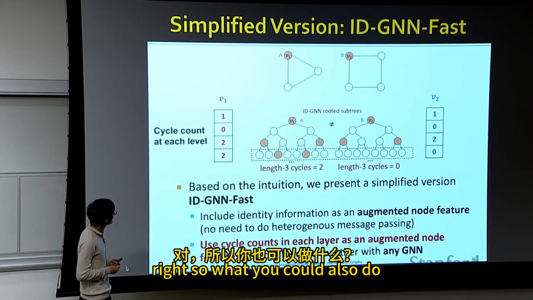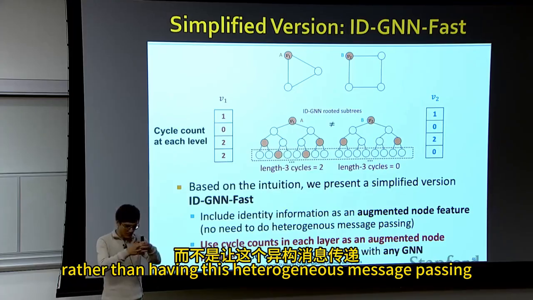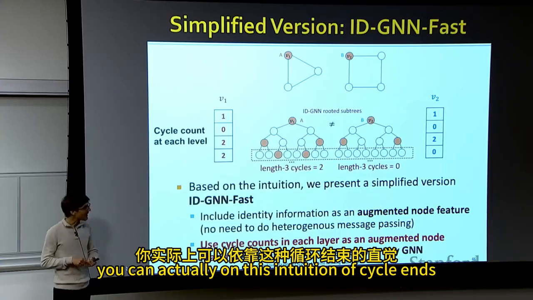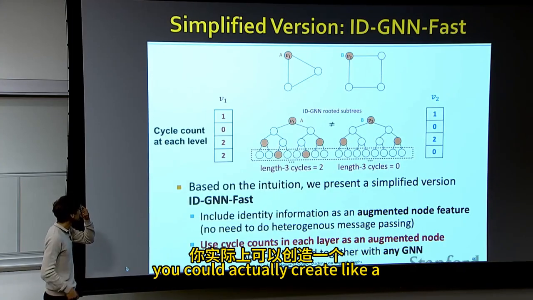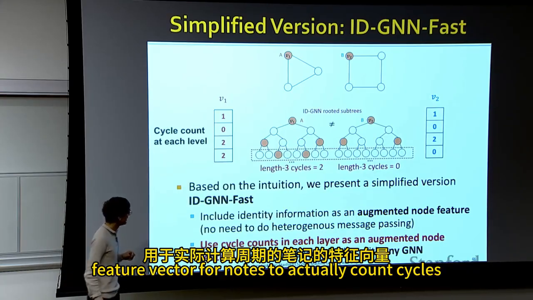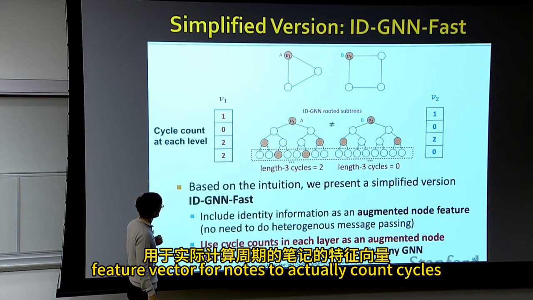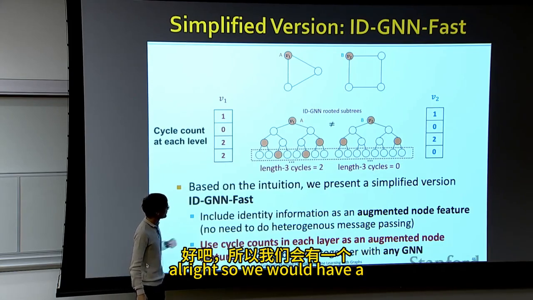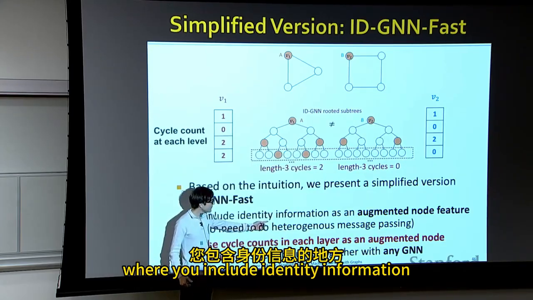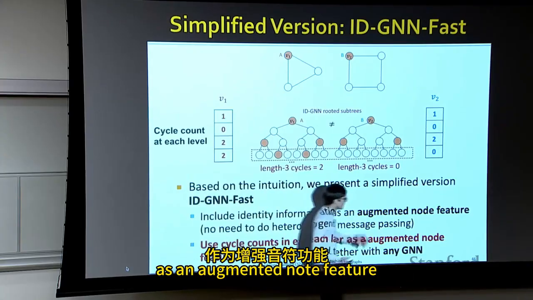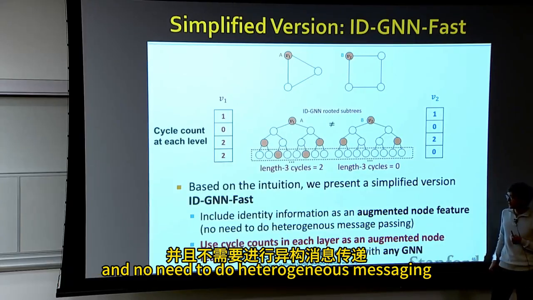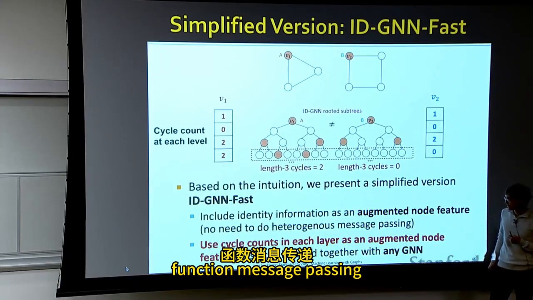So what you could also do, rather than having this heterogeneous message passing, on this intuition of cycle lengths, you could create a feature vector for nodes to count cycles, right? So we would have a fast version of this idea where you include identity information as an augmented node feature, and no need to do heterogeneous message passing.